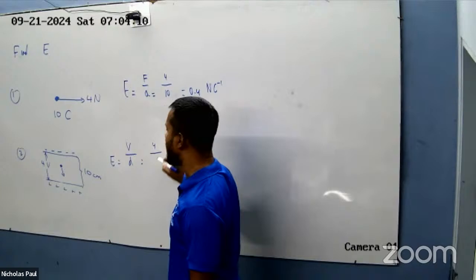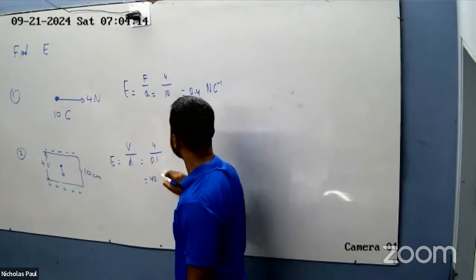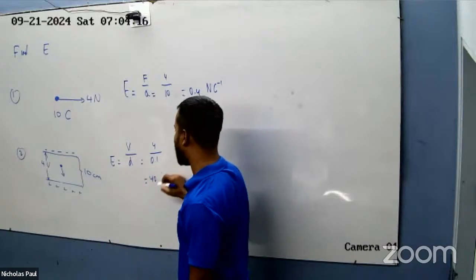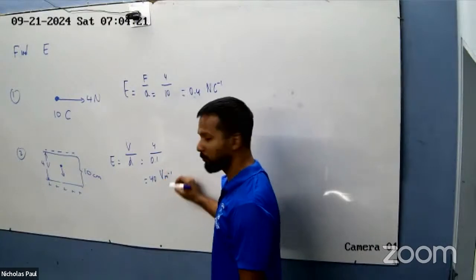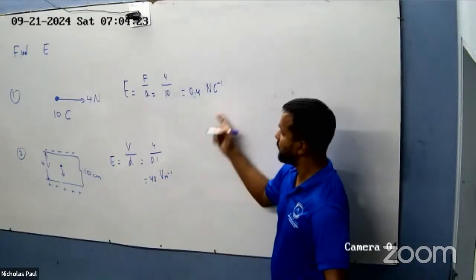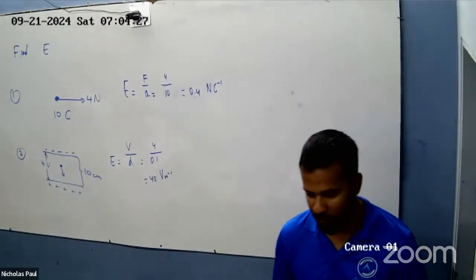So that's 4 divided by 0.1, which is 40. In this case, we can write it as volts per meter.